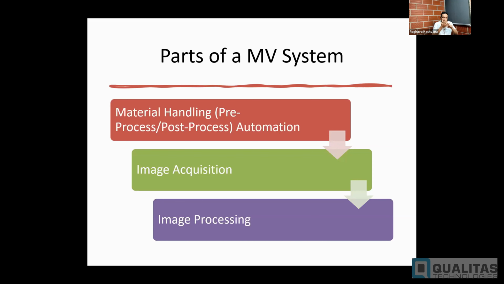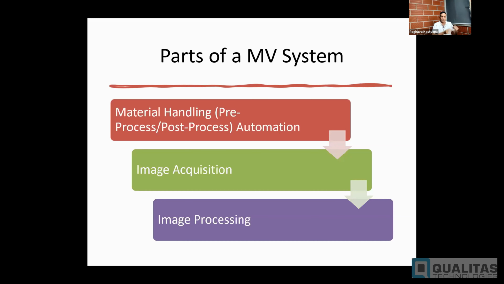The second element is image acquisition. Image acquisition is just acquiring images. It's not processing, it's not software, it is cameras. Camera is one element, but there are many more elements to image acquisition. The third element is image processing, which is software.